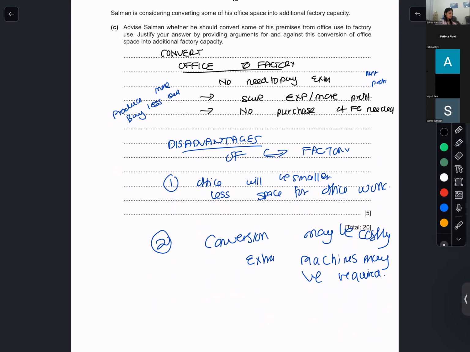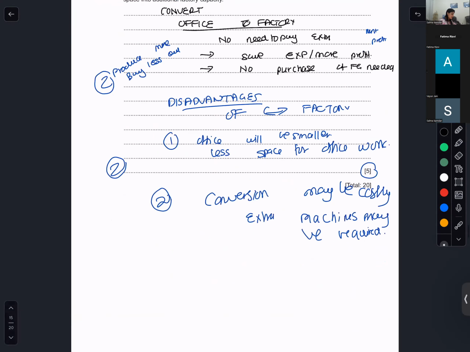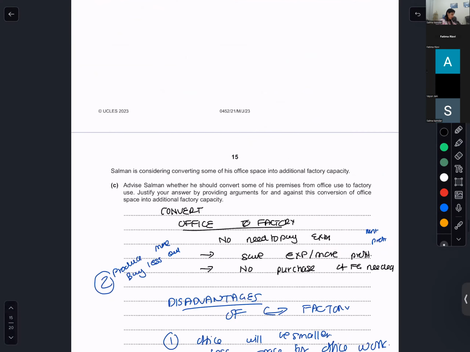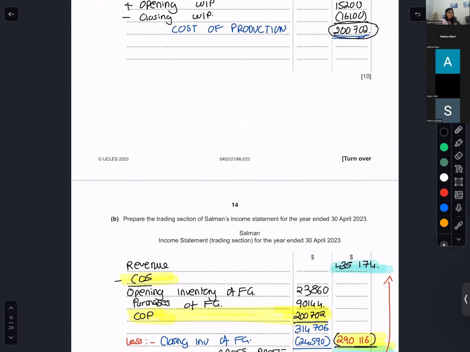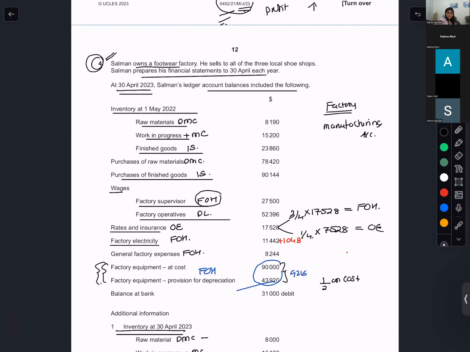Based on one conclusion, 5 marks or 2 points for and two against. So with this, we finish question number 4 of May June 23 paper 21, which is manufacturing accounts.